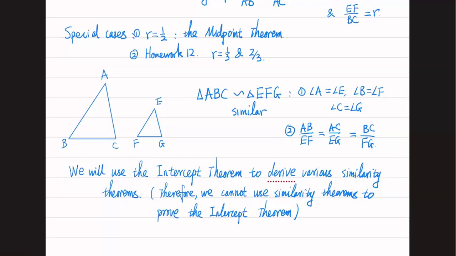We will use the intercept theorem to prove similarity theorems, but not the other way.